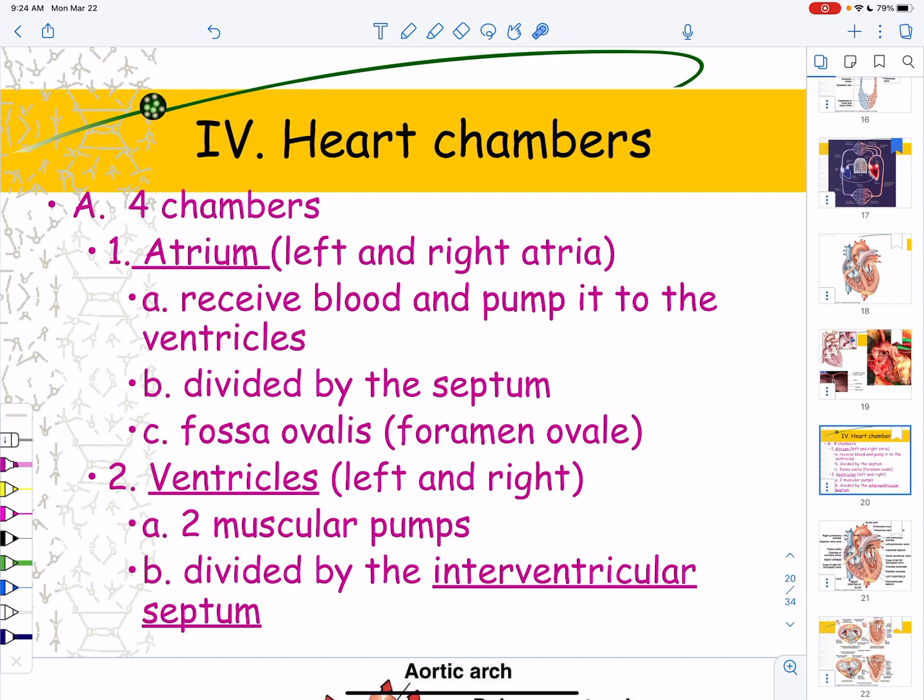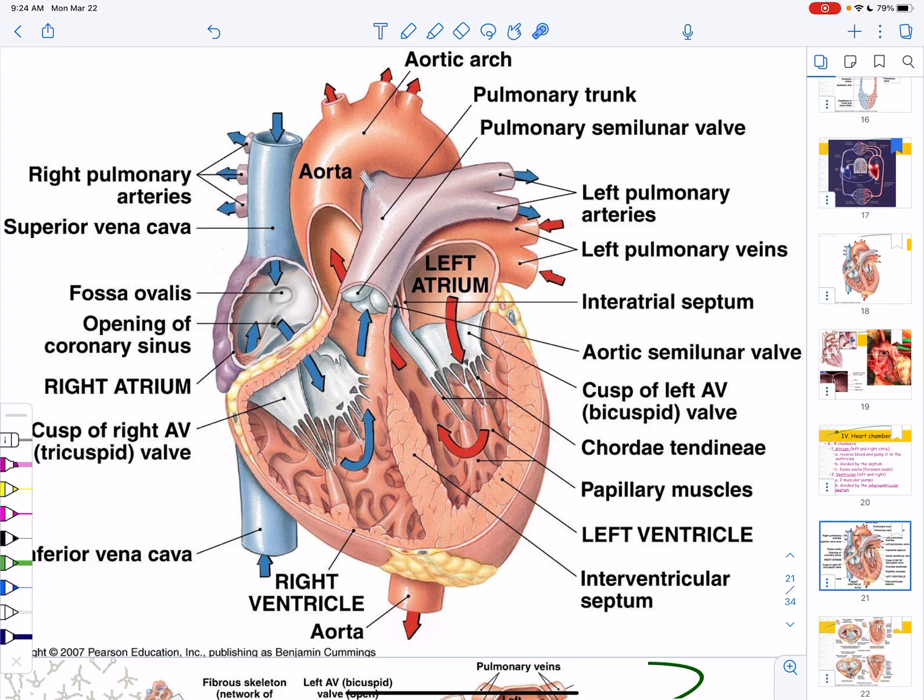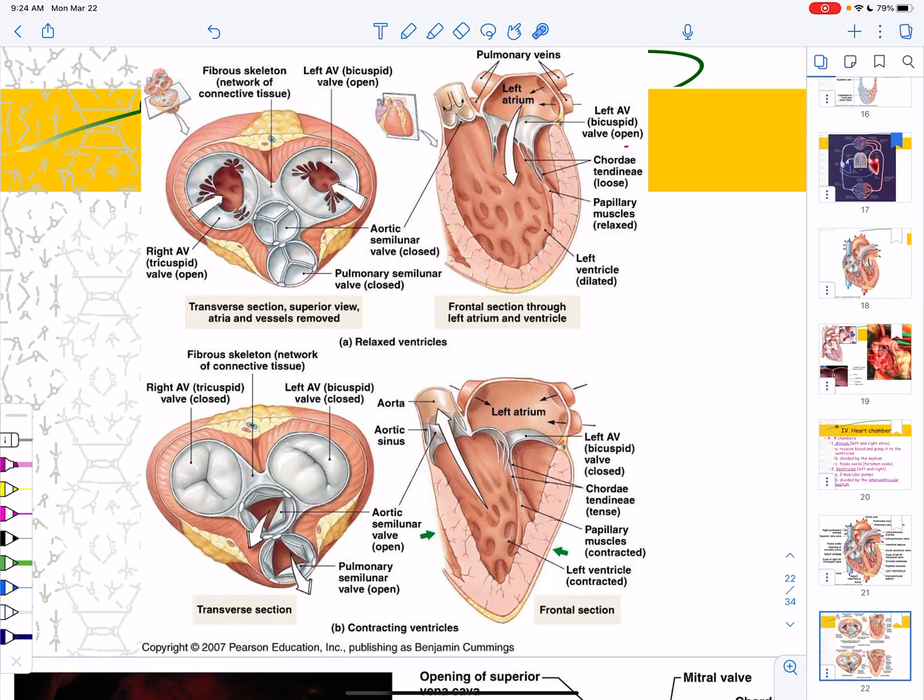The ventricles are the large muscular chambers at the bottom. And then hopefully you have now learned the four valves. We have the larger ones, which go in between the atrium and the ventricles, the atrioventricular valves. And we have the smaller ones that go from the ventricles to either the pulmonary trunk on its way to the lungs or into the aorta, feeding the systemic circulation.